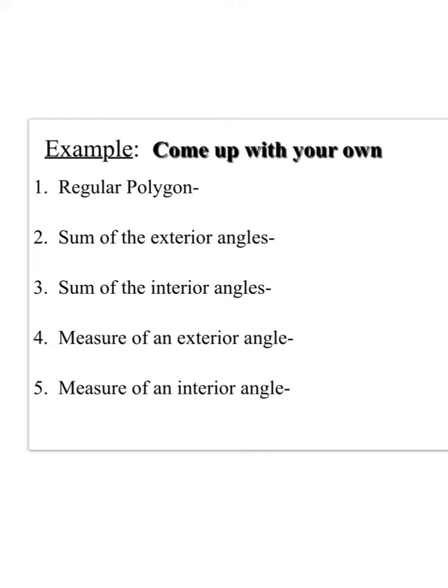I'm not going to try to draw the picture though. So we know the sum of the exterior angles is 360. You should also have that same answer. Doesn't matter what kind of polygon you choose. The sum of the interior, however, will change.